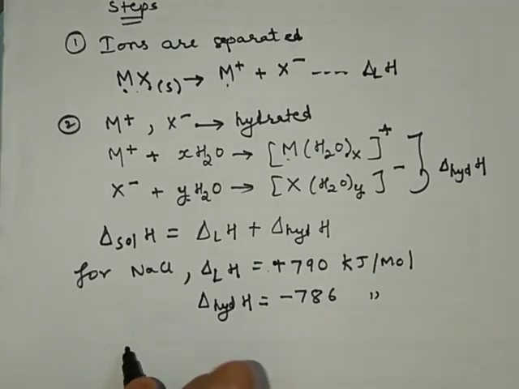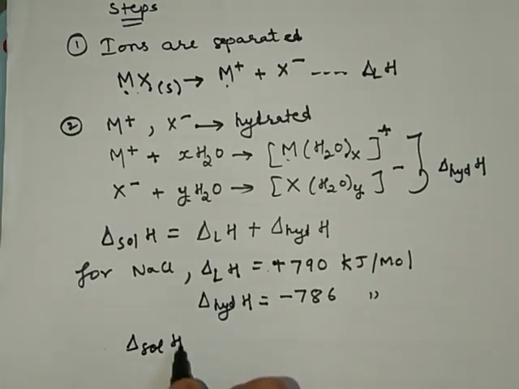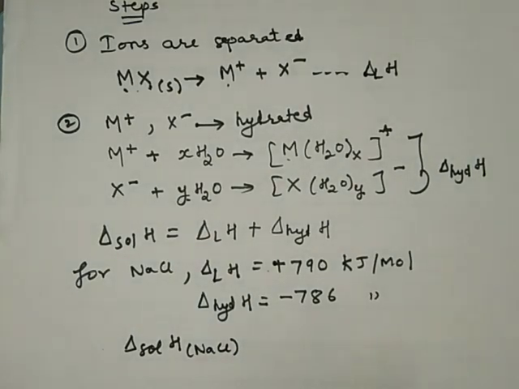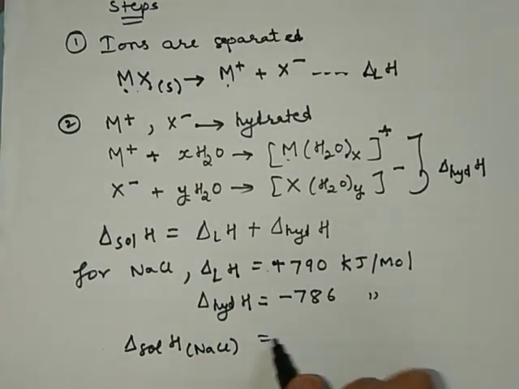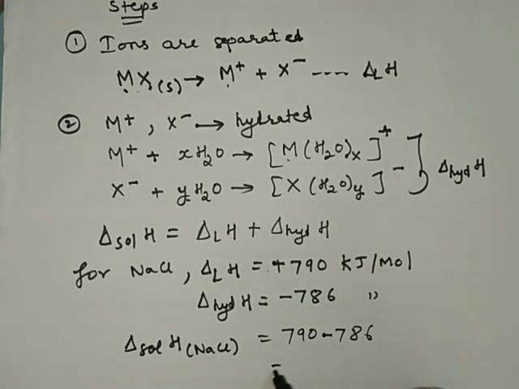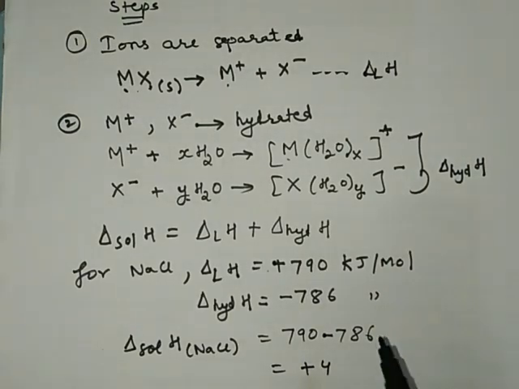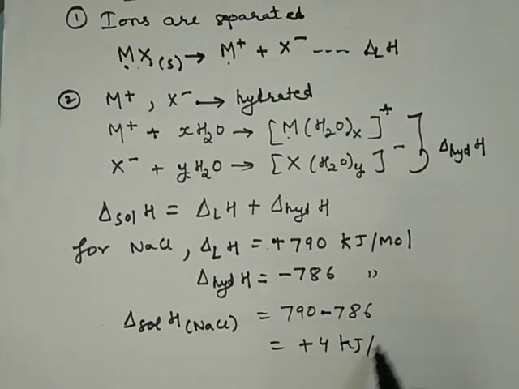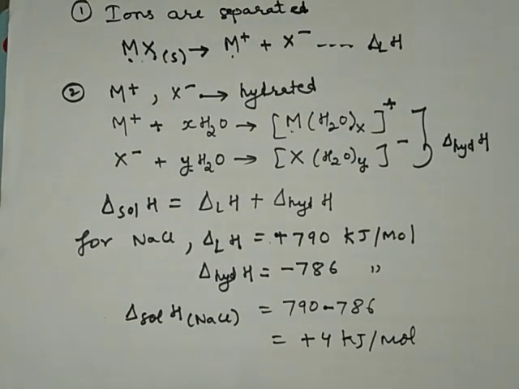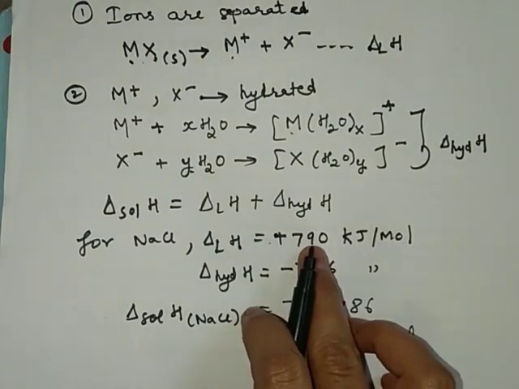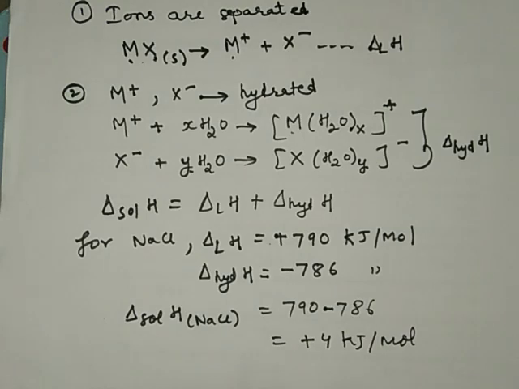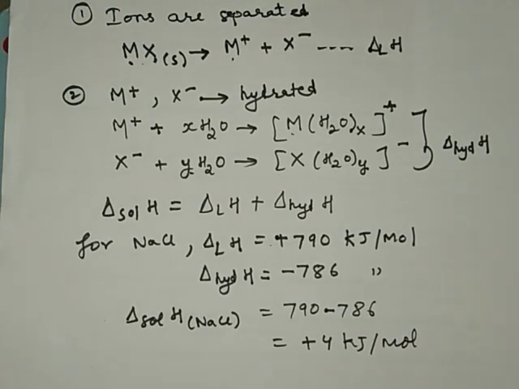So the delta solution H for NaCl, meaning enthalpy of solution for NaCl, will be what? 790 minus 786, you will get plus 4 kilojoules per mole. Okay, so remember the enthalpy of solution is the sum of the crystal lattice enthalpy and the enthalpy of hydration for a particular ionic compound.